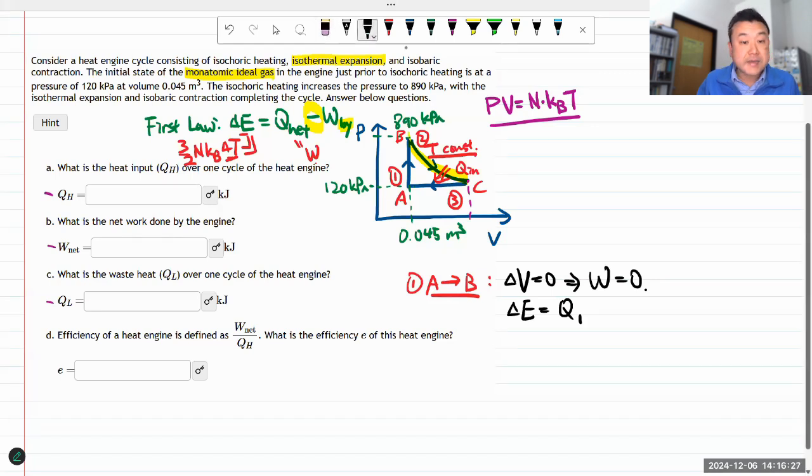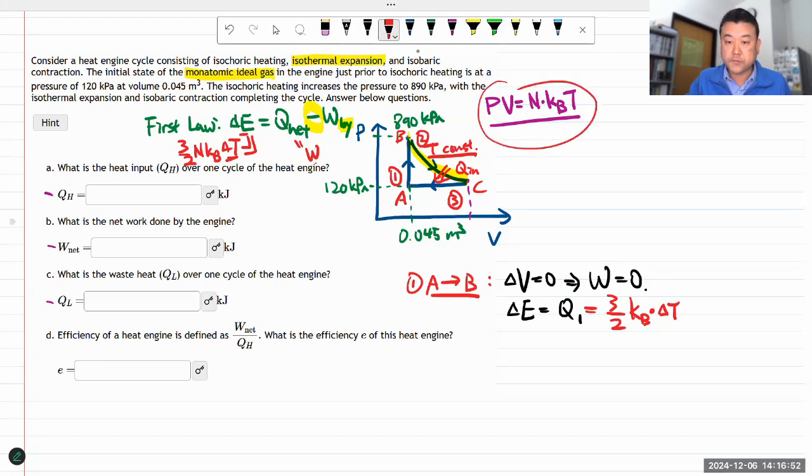Okay, and I think I can write down change of internal energy from this expression here. So change of internal energy will be 3/2 kB times delta T. Now you might think, but I don't know the temperatures either at A or B. This is where the ideal gas law is useful.